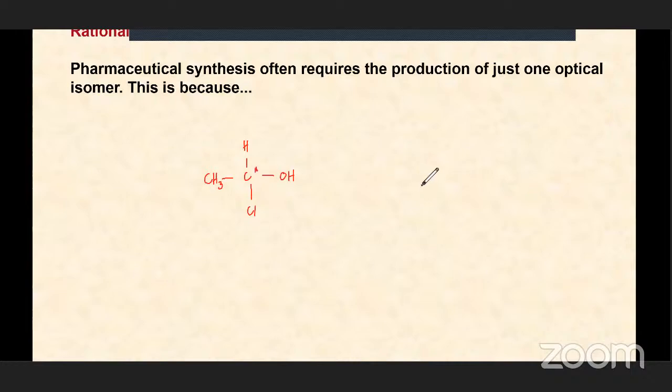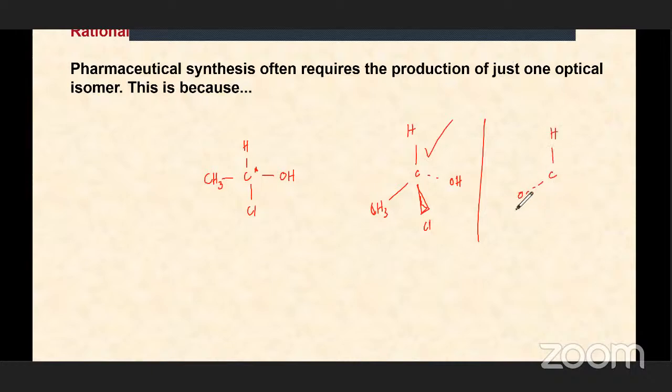It would result in 2 different enantiomers, and you'll get a racemic mixture. So you have OH, Cl and CH3, and there's going to be a mirror image that's going to be the opposite. This one works. The mirrored version probably causes side effects.